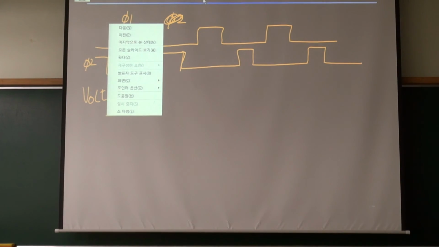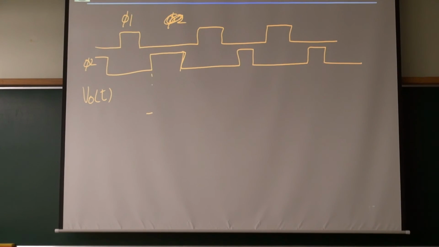Then my VOT used to be 1.65 volt initially. And then at the end of I1 phase, it changes a little bit, and then remains constant. In the I2 phase, it changes again.